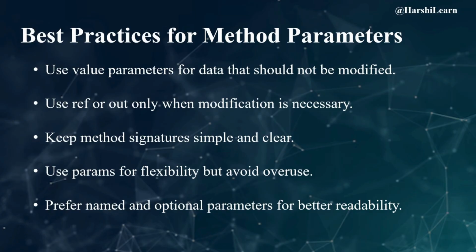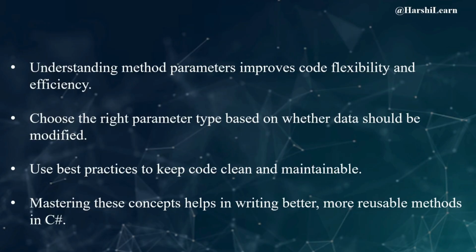Named parameters make method calls more descriptive, and optional parameters reduce unnecessary overloads. So this improves code clarity and simplifies method calls. So by following these practices, you can write cleaner, more efficient C sharp methods that are easier to maintain and understand.